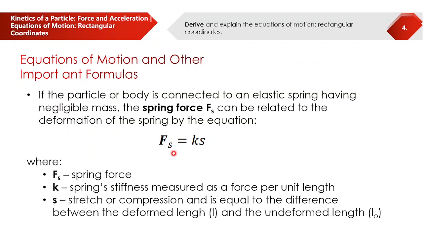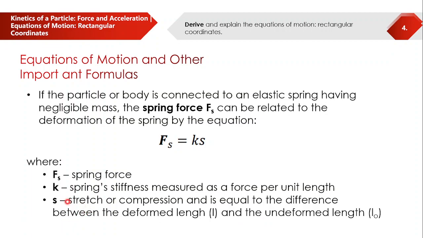F sub S is the spring force. K is the spring stiffness, measured as force per unit length. Then you multiply it by the length S, the stretch or compression, which is equal to the difference between the deformed length and undeformed length.